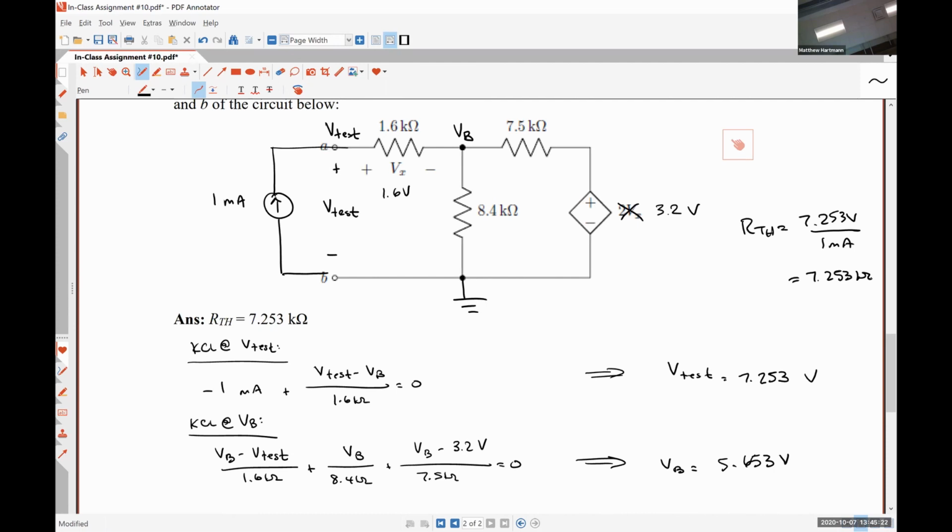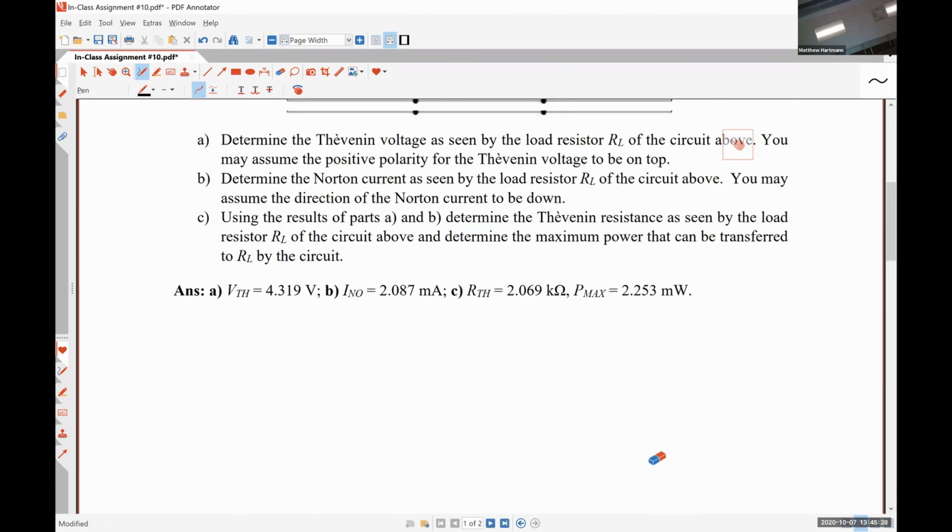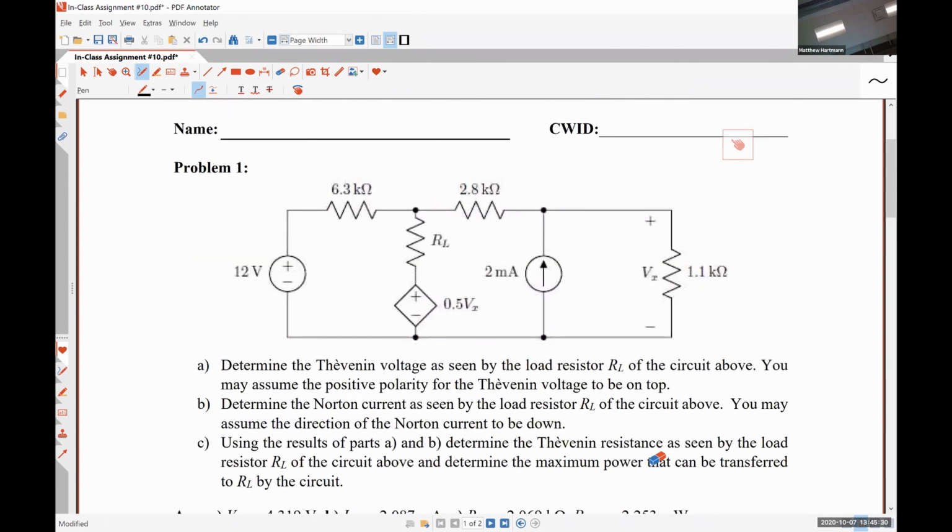The only thing I really feel that I need to point out further is that we could have used the test source method in this first problem as well to calculate the Thevenin resistance directly. The only thing that we need to make note of is that whenever we're calculating the Thevenin resistance directly, we need to be looking at a dead network, meaning all of our independent sources are turned off.